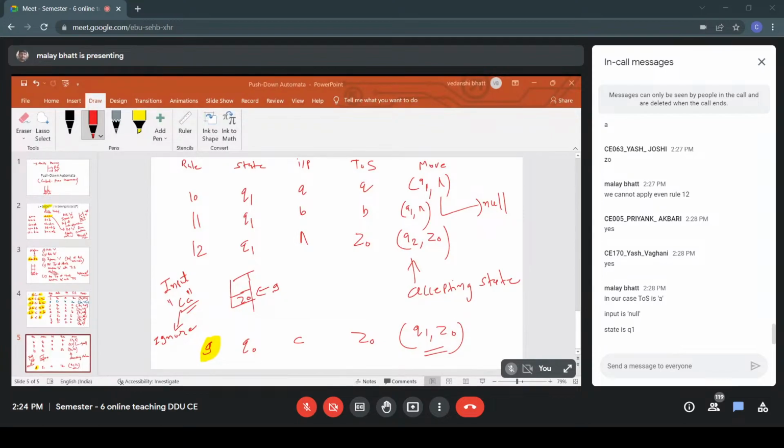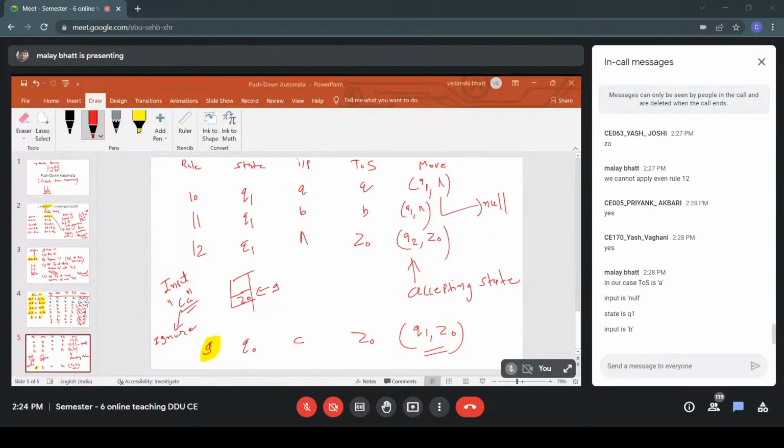Our state is Q1, input is null or B, we have to check both, and the top of the stack is A. State is Q1, input is B, top of the stack is A: there is no such rule.